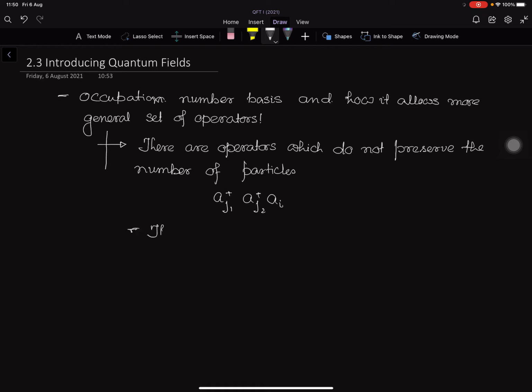And these operators are only possible in the occupation number basis.